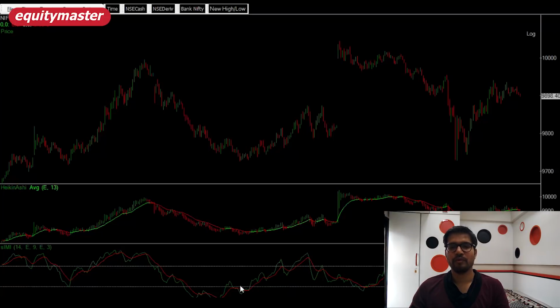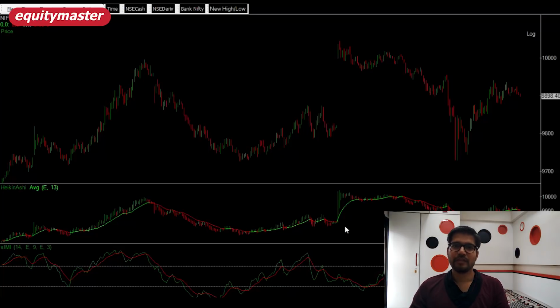So if you want to take an entry from a long perspective, then when the RSI is trading closer to its oversold levels, that would be a good time to enter. And if you want to sell, then the ideal time would be when the RSI is trading near its overbought levels.